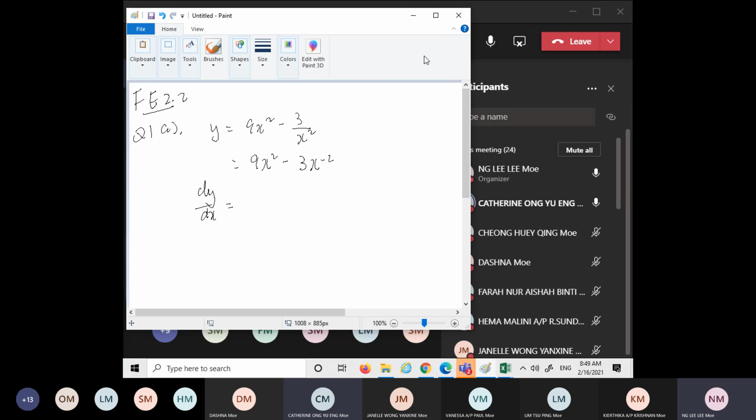This is question number 1A. 9x squared, you do this only, the first term. 2 times 9x, and then 2 minus 1. So what do you get for this? 18x. That's all? Yeah.